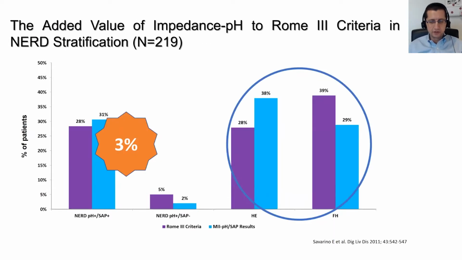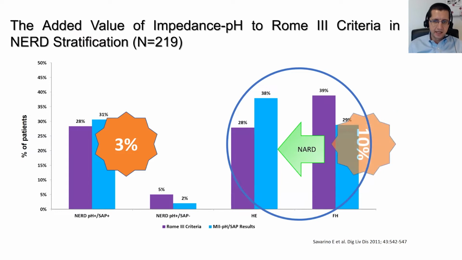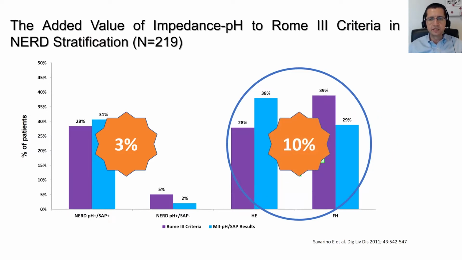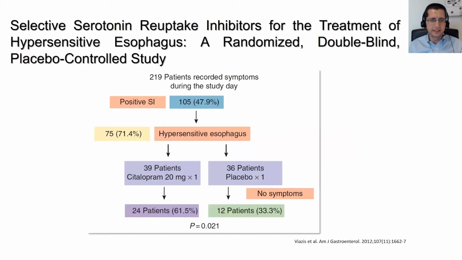An additional benefit of impedance-based testing relies in the opportunity of narrowing down the proportion of patients with functional heartburn, thanks to the ability of identifying patients with non-acid reflux disease. Again, this helps to better identify patients with non-erosive reflux disease and symptoms related to reflux episodes, and better identify patients with reflux hypersensitivity, again by about 10%.